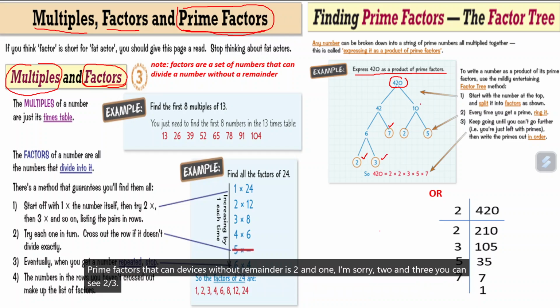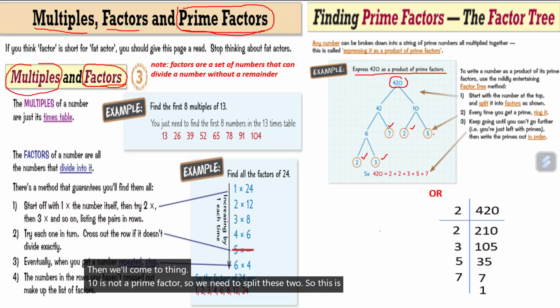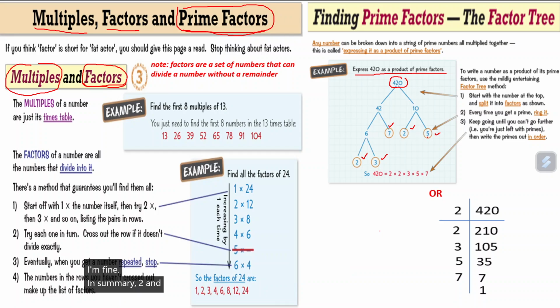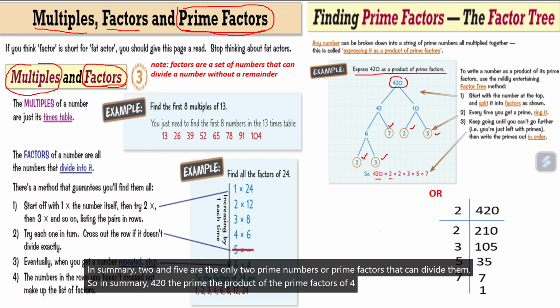Then we come to 10. 10 is not a prime factor, so we need to split it. This is 2 and 5. In summary, 2 and 5 are the only two prime numbers that can divide 10. So in summary, the product of the prime factors of 420 is 2 times 2 times 3 times 5 times 7.